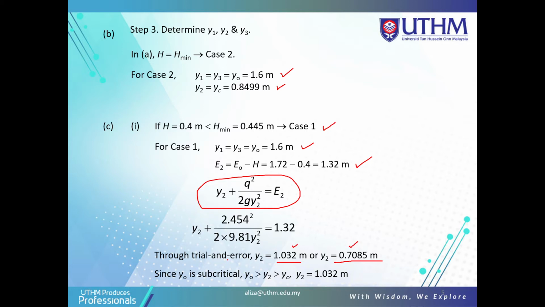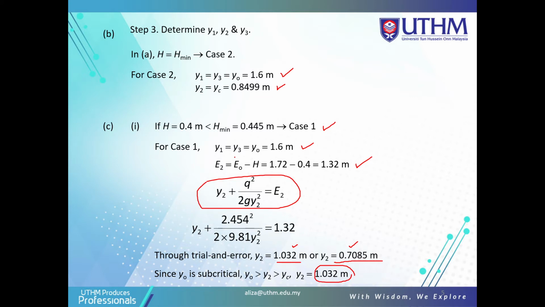Since y0 is subcritical, we get y0 more than yc, y2 more than yc, so the y2 is 1.032 meter. If you get two values for y2, you must use that y0 is subcritical here.